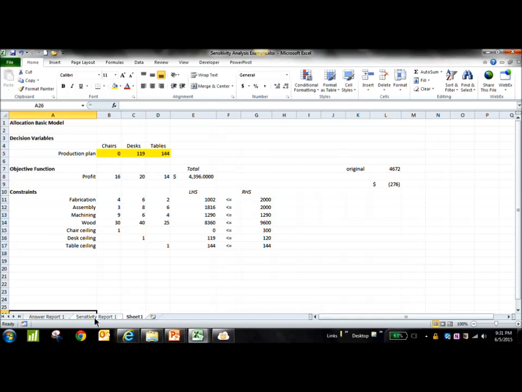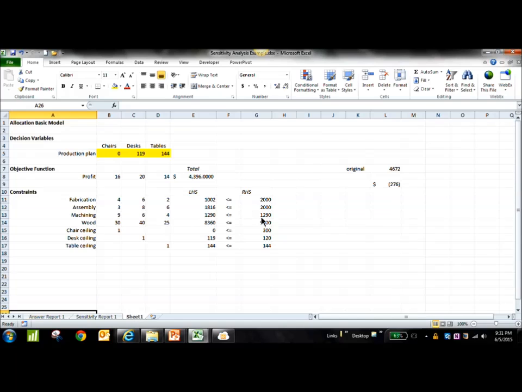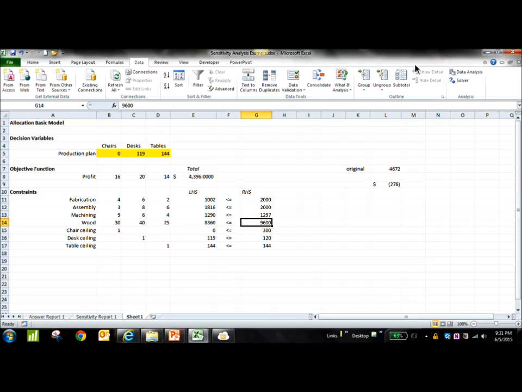If I change it to 1297, back within the range, look what happens. Hold on 1 second.